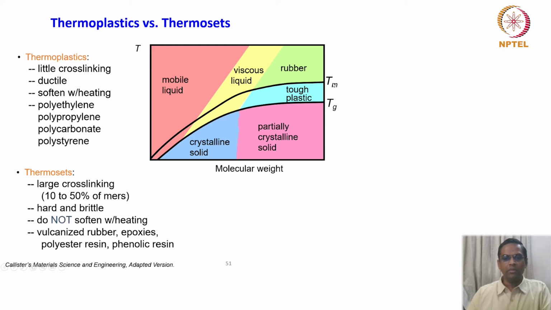Below Tg and Tm, that is very interesting, you have a very tough plastic at higher molecular weight. And then above this Tm, you have a rubber and a complete viscous liquid, and this is a mobile liquid. So this plot shows that, depending upon the molecular weight and the temperature, the polymeric behavior is decided. Okay. So it already gives us an idea of how this is going to respond in deformation to some extent. That's why this slide.